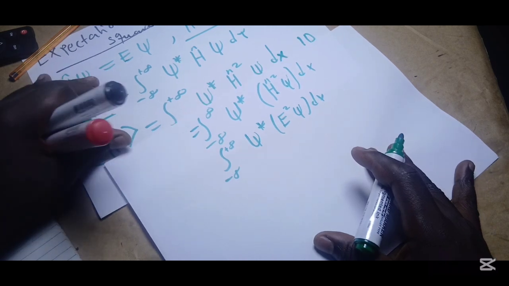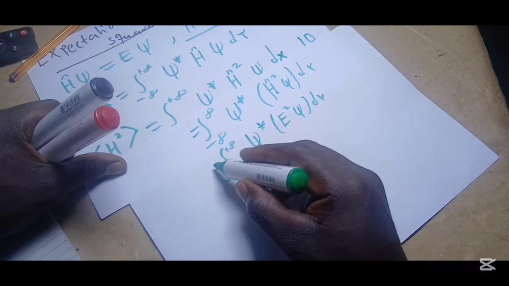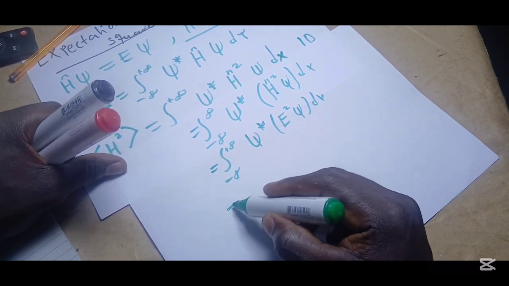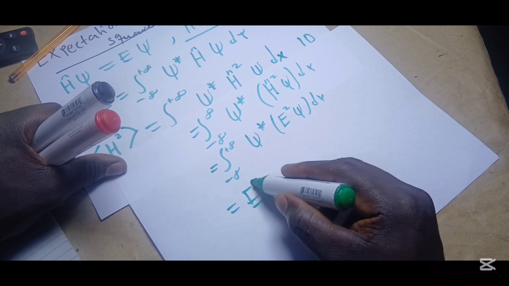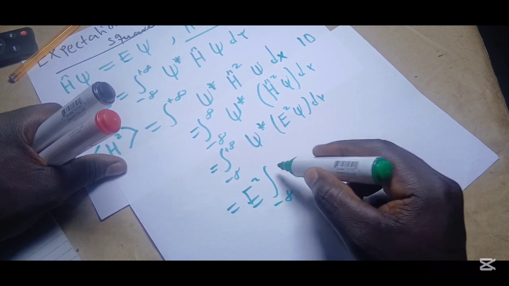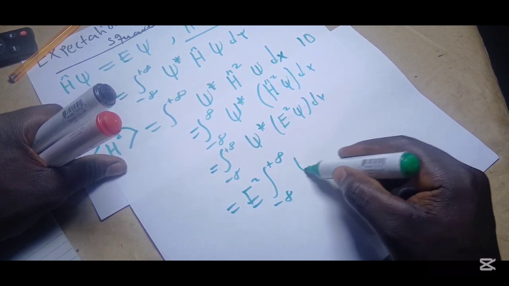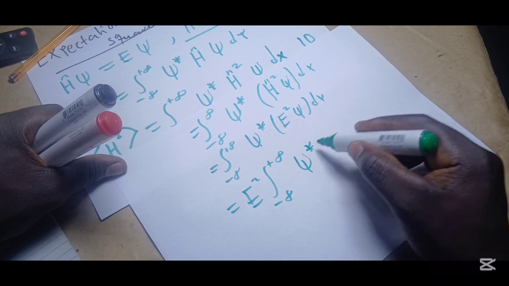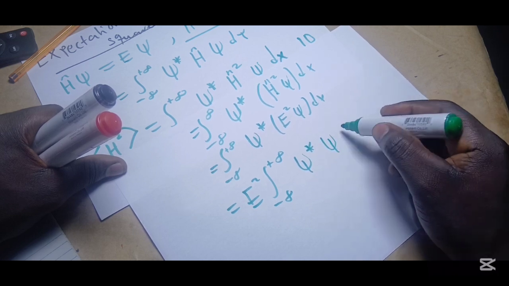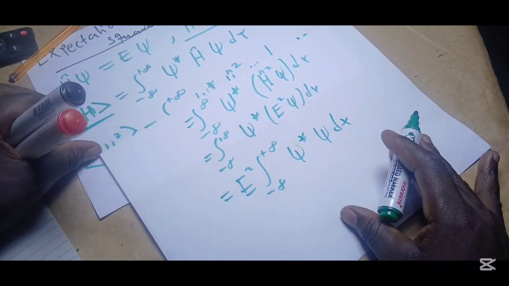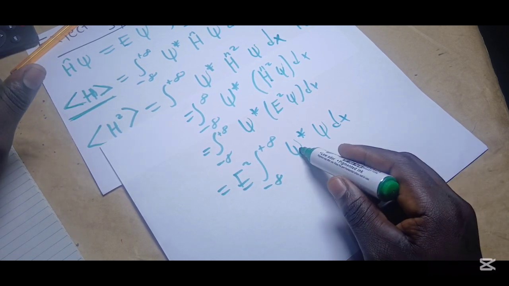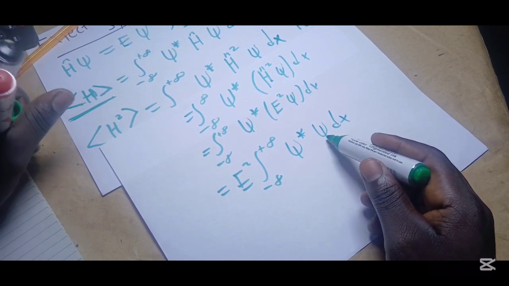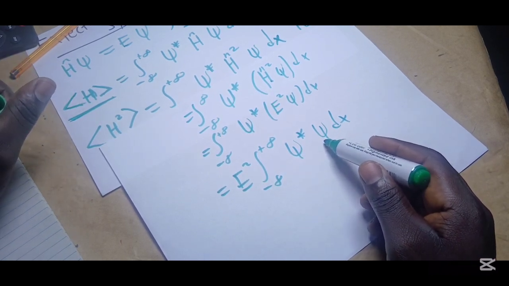And now, because E is a constant, we can factor it out. E squared times the integral from negative infinity to positive infinity of psi star psi dx. And psi star psi is the same as the probability density.